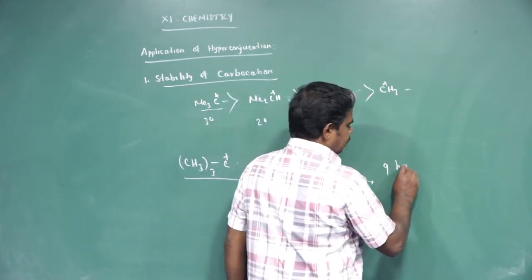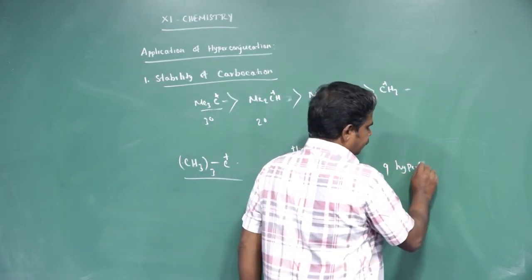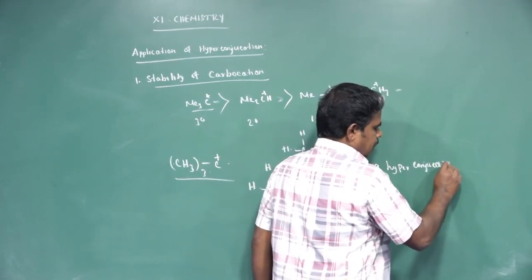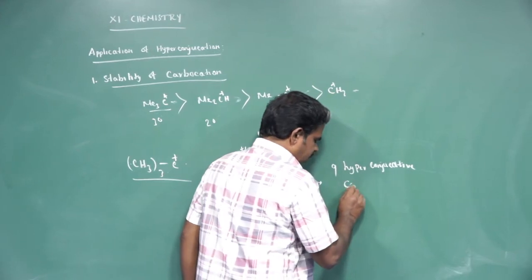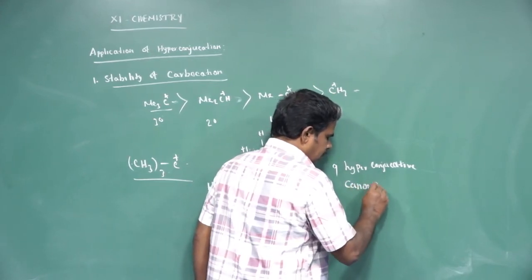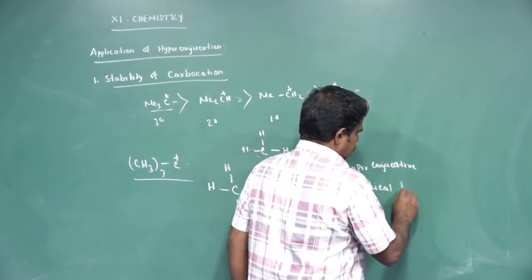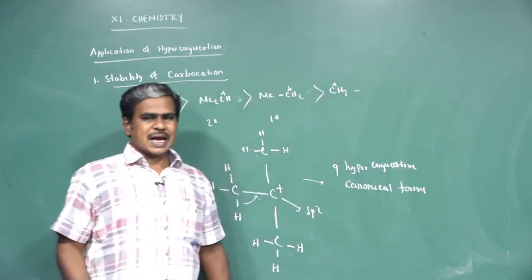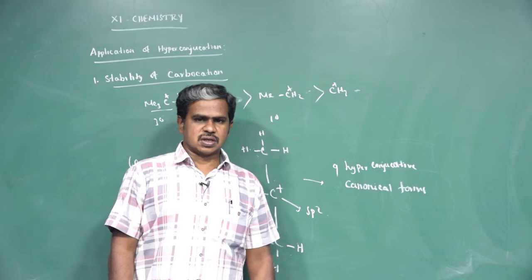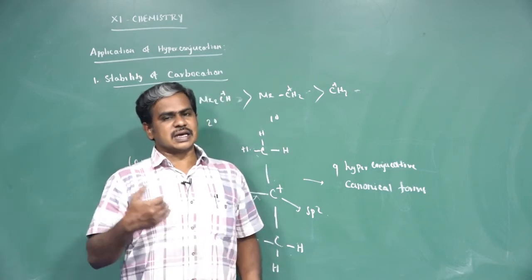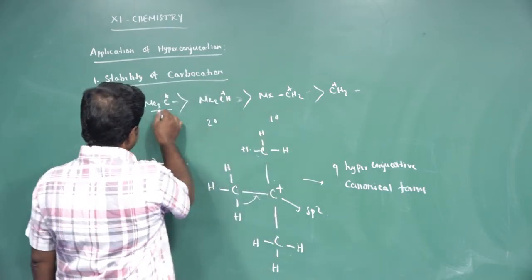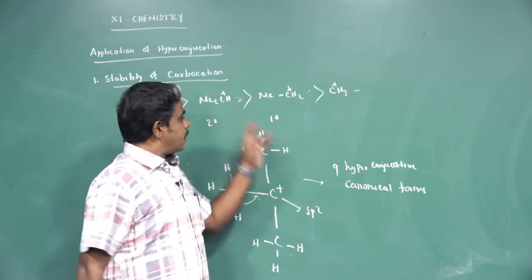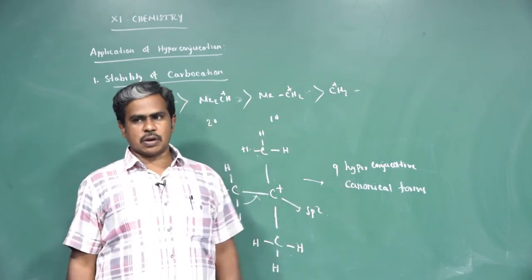So 9 hyperconjugative canonical forms are possible. So if it has the highest number of hyperconjugation structures, then the stability is the greatest. So among these, tertiary carbocation is more stable than secondary carbocation.